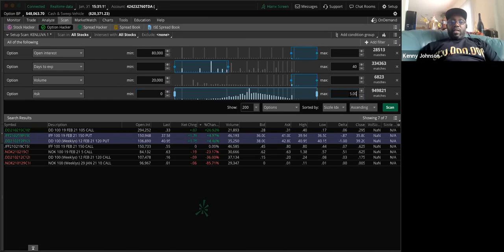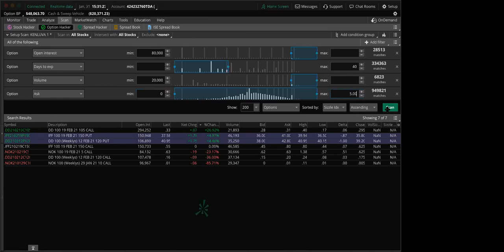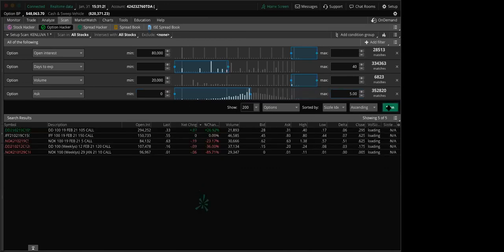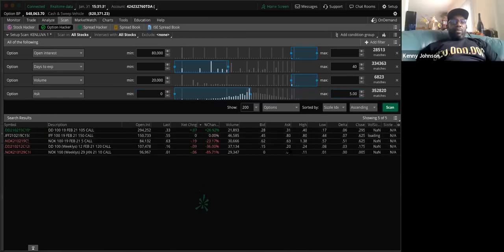Right? Now the only thing with that is most options will have a strike price under $5, but that's when you have these other parameters. You know what I'm saying? I would hit scan and bam, it would pick out the ones that met that criteria.